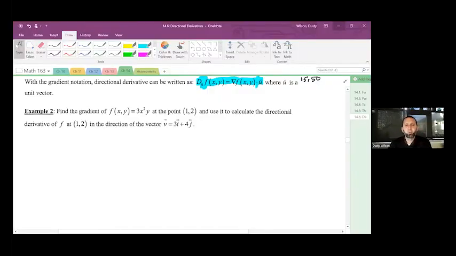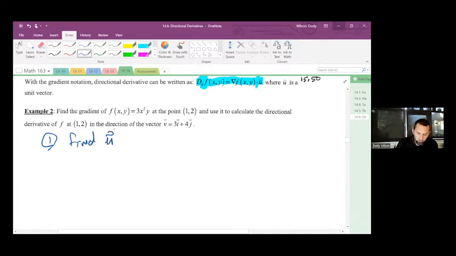Example 2, find the gradient of f of xy equal to 3x squared y at the point 1, 2, and use it to calculate the directional derivative of f at 1, 2 in the direction of the vector 3i plus 4j. So this is just the same question as before, just asking us to use the gradient. So here we would first, again, find our u vector.